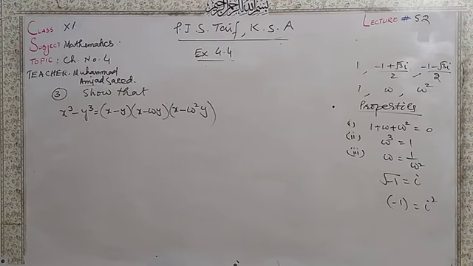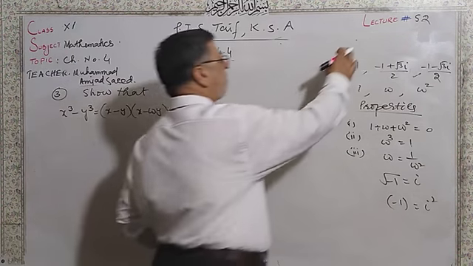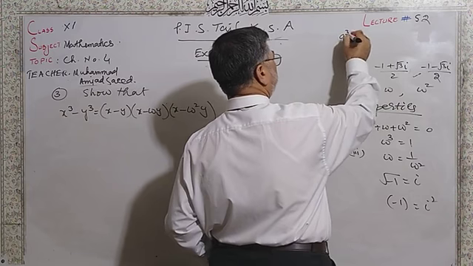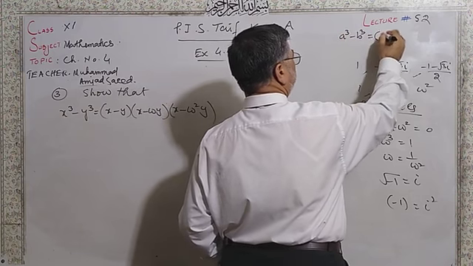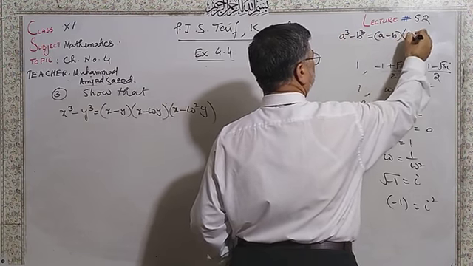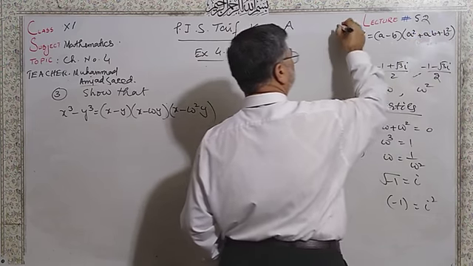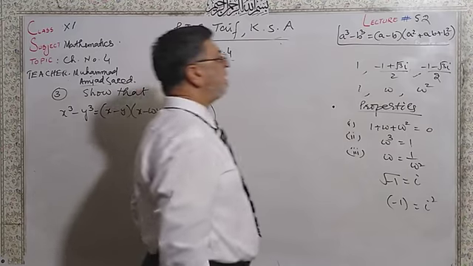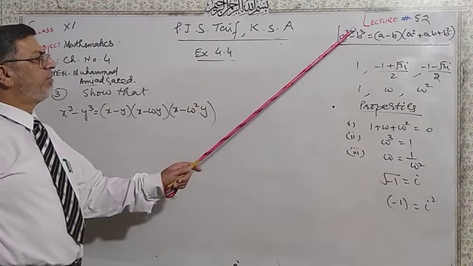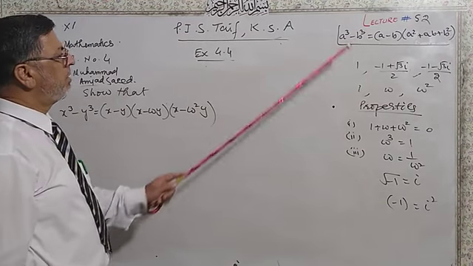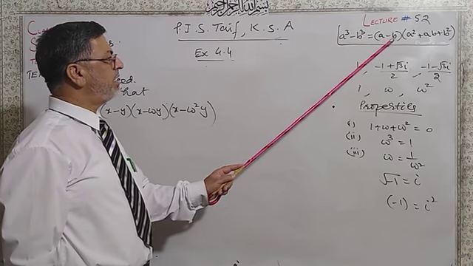First of all, you must remember the formula of a cube minus b cube. What was the formula of a cube minus b cube? Remove 3 and 3: a minus b into (first square plus ab plus b square). Dear students, this is the formula of a cube minus b cube. Remove 3 and 3, a minus b.